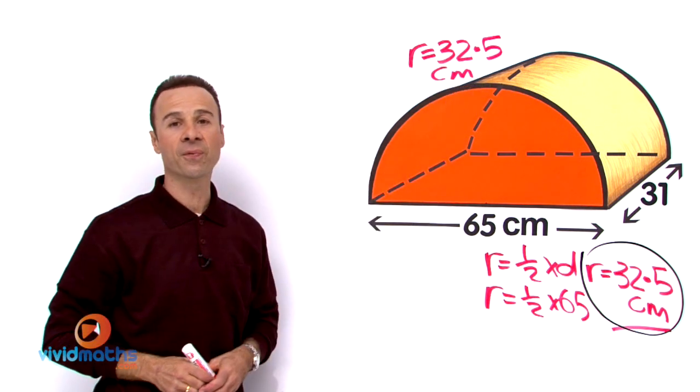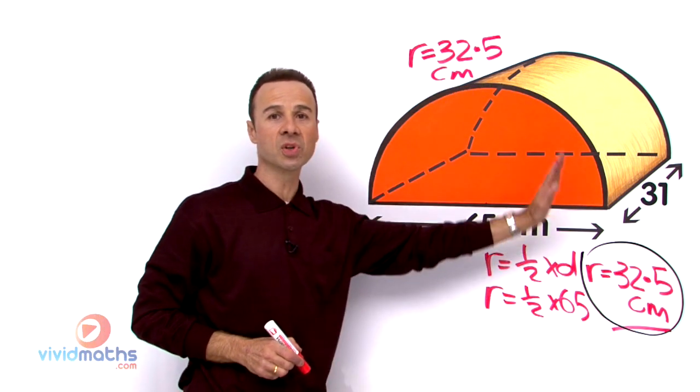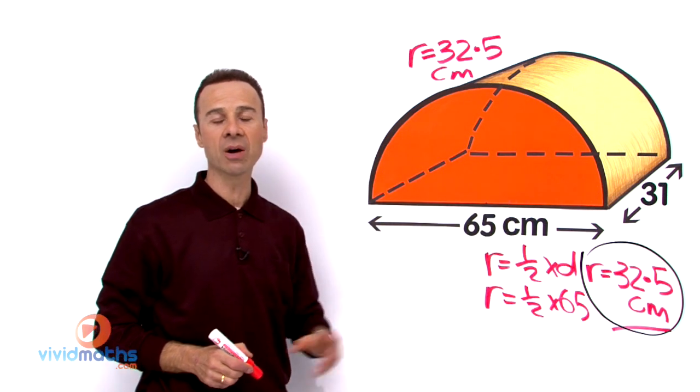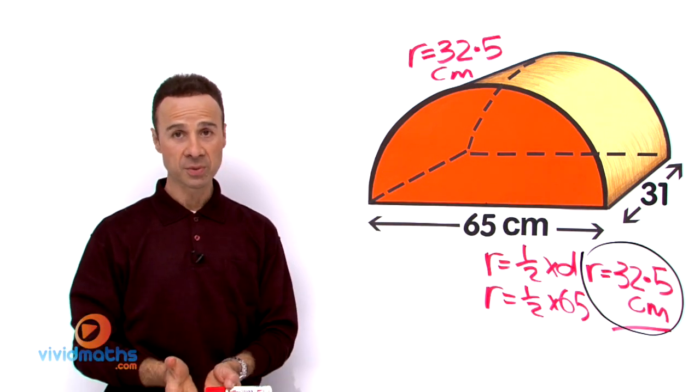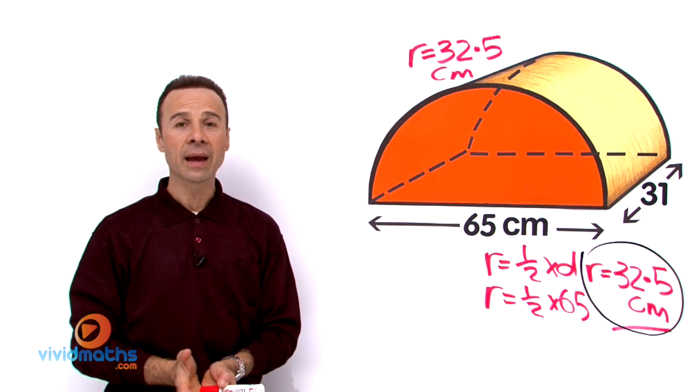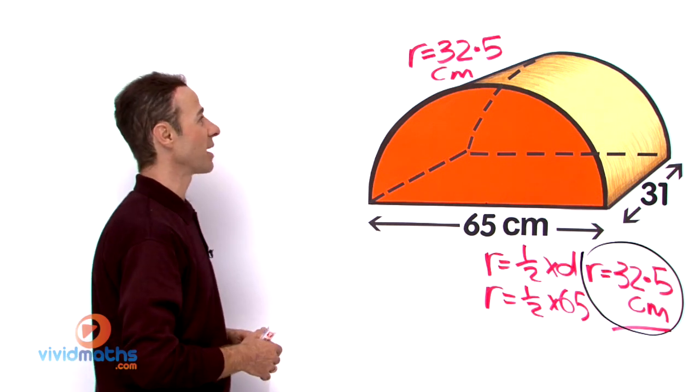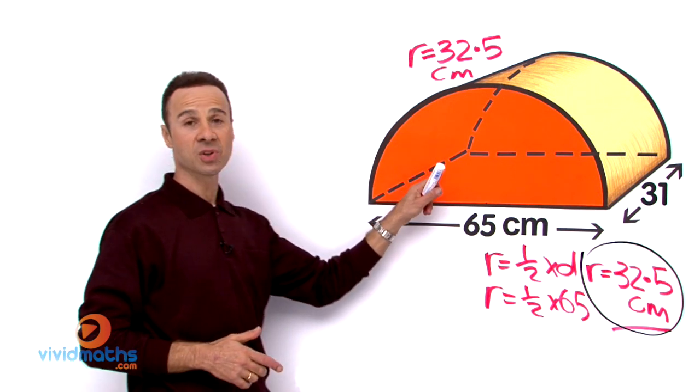Okay, let's get the area of that orange face, that semicircular area across there. Now we know the area for a full circle is pi r squared. And if you didn't know that, now you know it. And so we're just going to halve that, aren't we? So let's go for the area of this orange semicircular face.